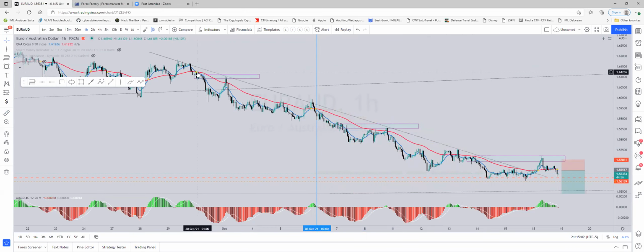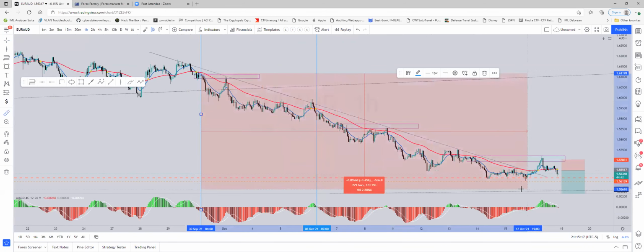Even if you were to cut it up here, see how we crossed over. Also it crossed over on the MACD. Again, this is on an hour. That's 500 pips.